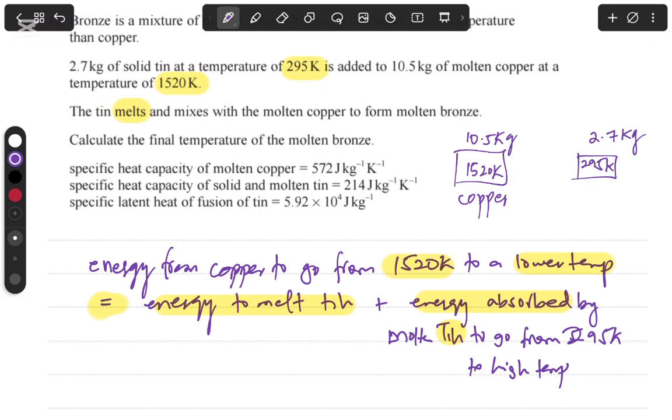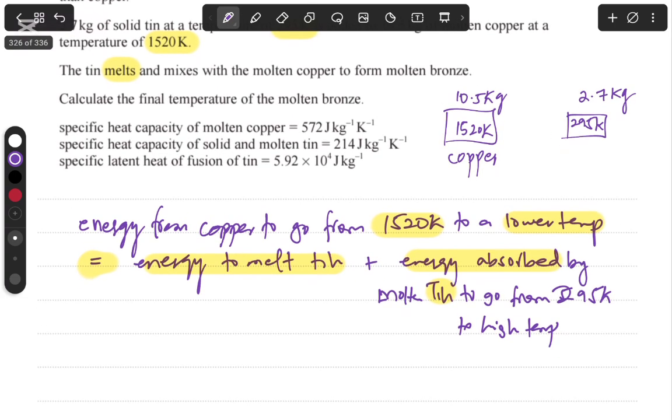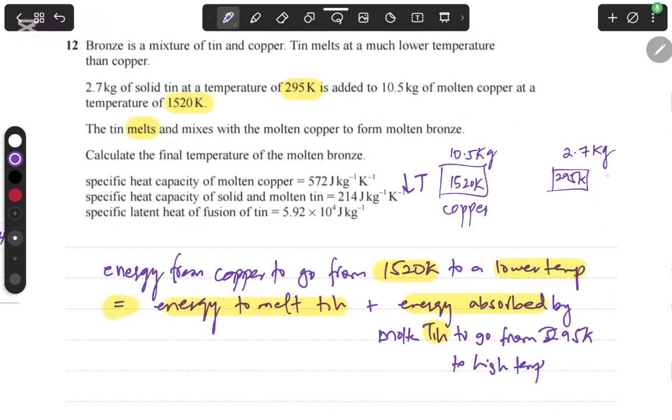Again, the reason for the higher temperature is because the molten tin is absorbing energy from the copper. So copper's temperature is going to go down and the temperature of molten tin will increase.